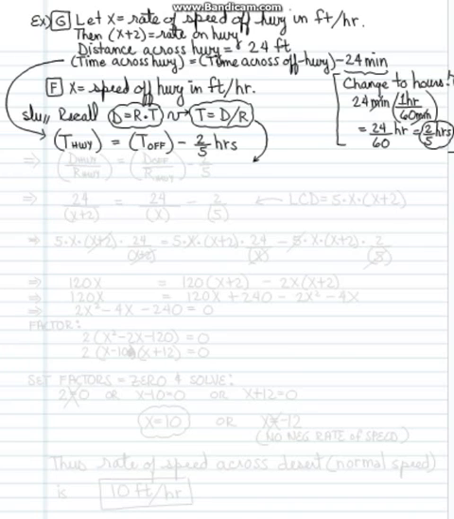So that'll be distance on the highway over the rate of speed on the highway equals distance off the highway over rate of speed off the highway minus 2/5.